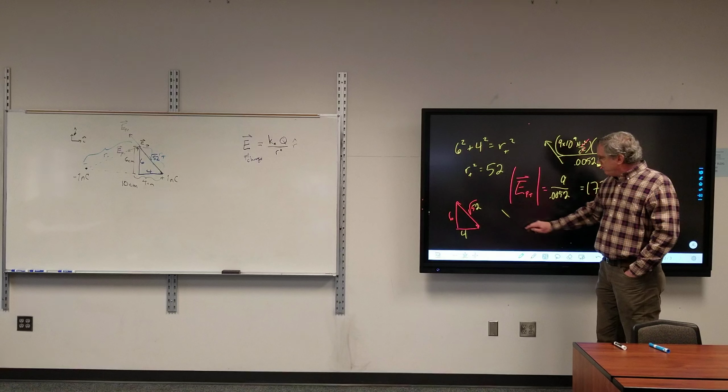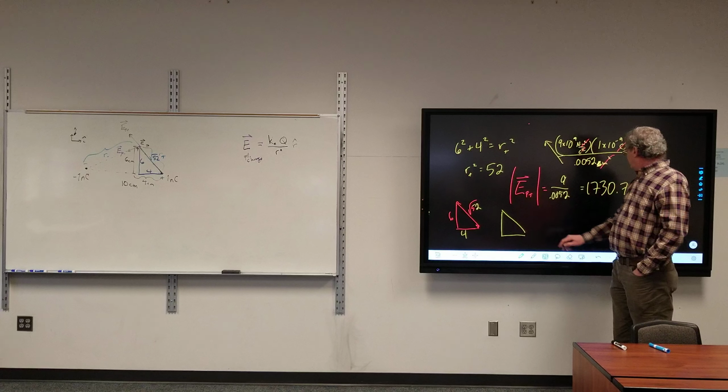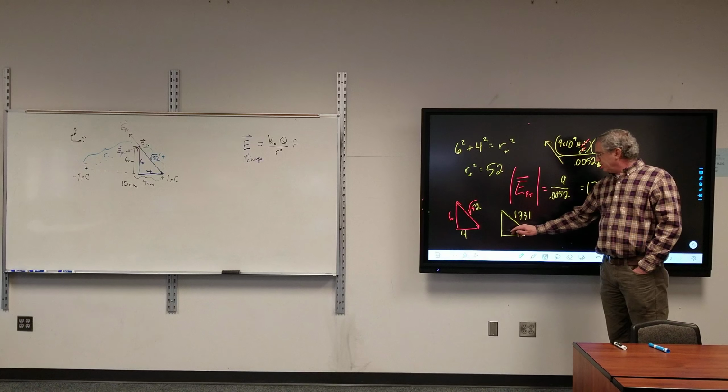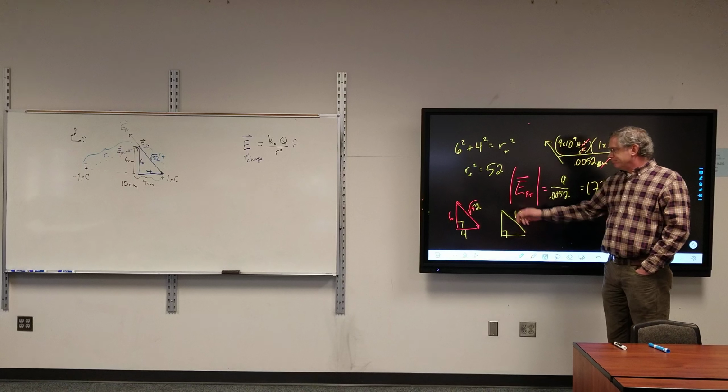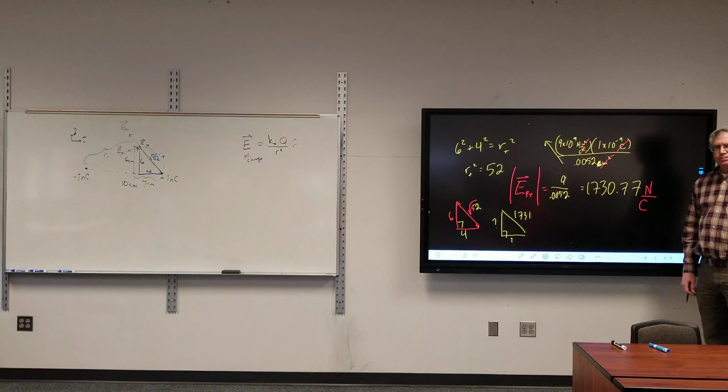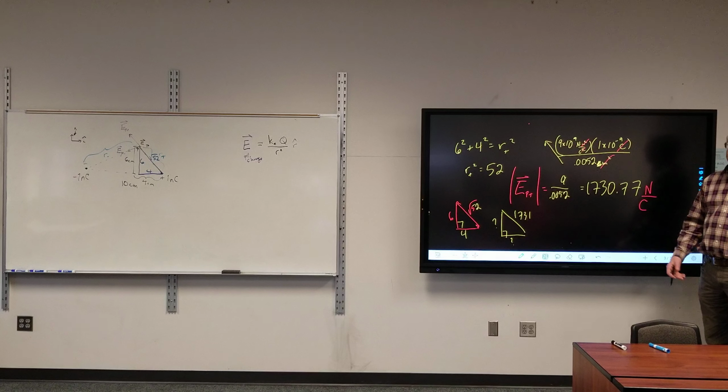And my electric field will be in a similar triangle. I have a magnitude of 1731, and I'm trying to figure out, that's a right angle, that's a right angle. They're similar triangles, I'm trying to figure out this and this. You can set it up like a ratio.